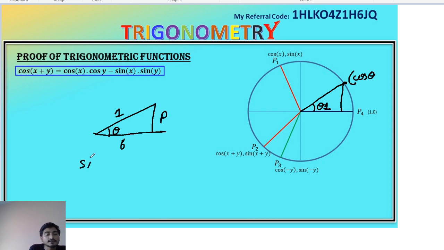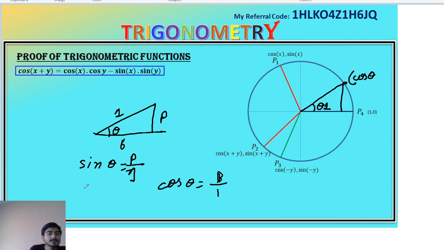So sine theta is equal to p by 1, and cos theta is equal to b by 1.